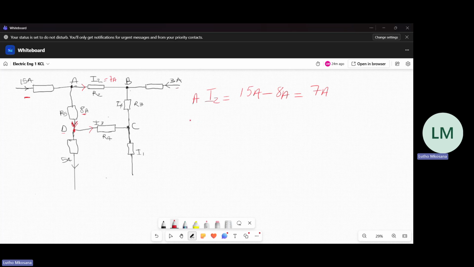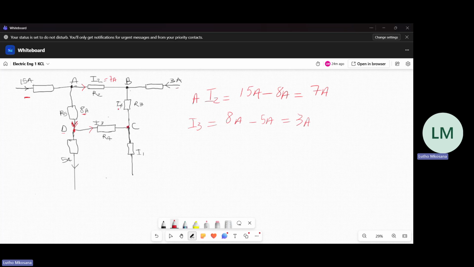Therefore, I3 is equal to 8 amps minus 5 amps, which gives us 3 amps. So that is our I3 over there, equal to 3 amps. Now we know I3 is flowing towards node C.